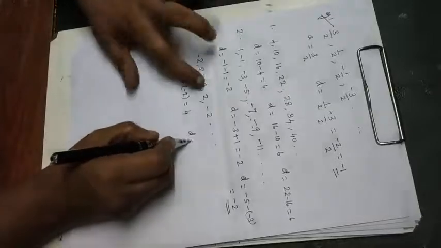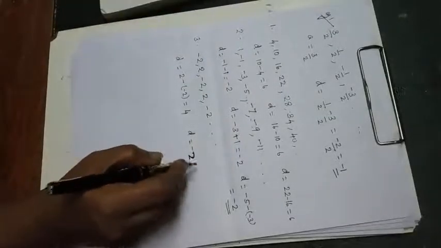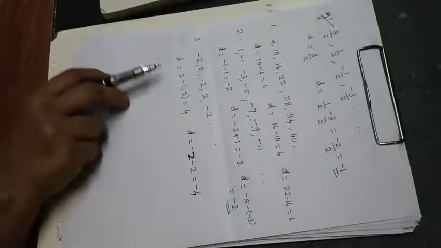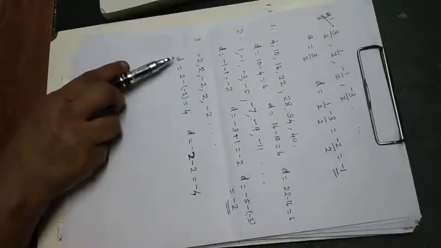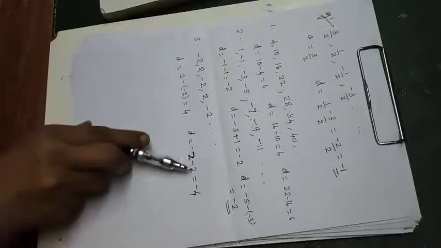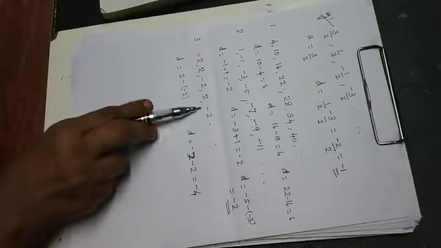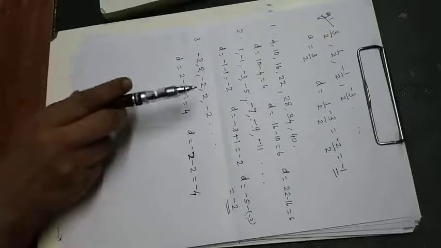Again D will be equal to negative 2 minus 2, so it will be negative 4. See, when we are doing the first one we got D is equal to 4, the second one we got D is equal to negative 4. Both are not the same, so it will not form an AP. Understood? D is not the same, so it will not form an AP.